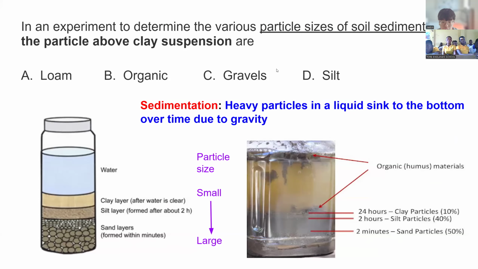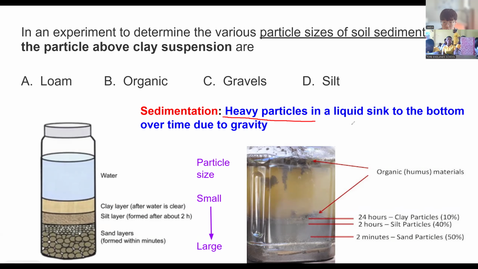So yeah, let's look at this question, the sedimentation problem. In an experiment to determine the various particle sizes of soil sedimentation, the particles above the clay suspension are. So sedimentation is when heavy particles in a liquid sink to the bottom over time due to gravity.